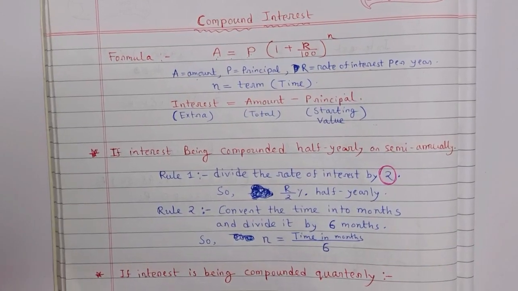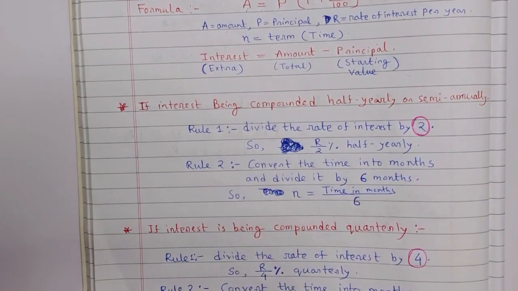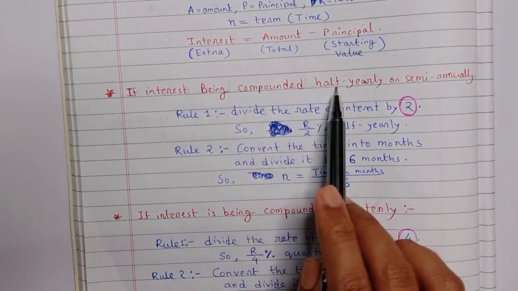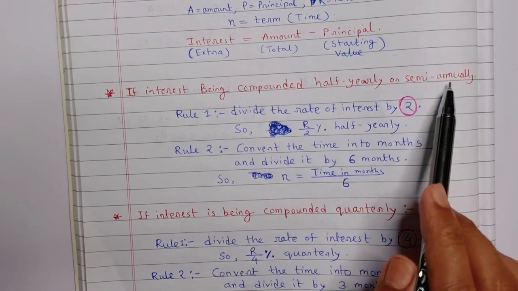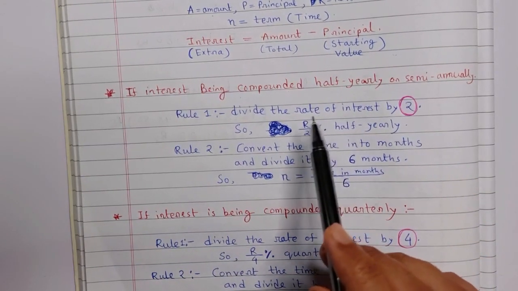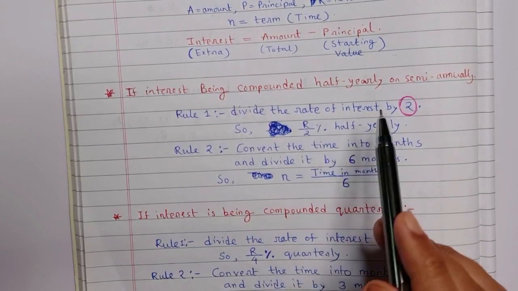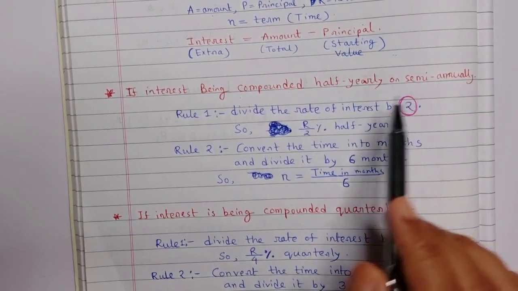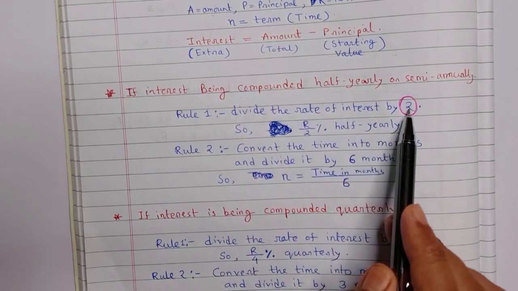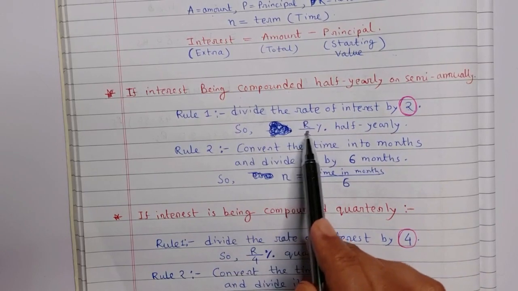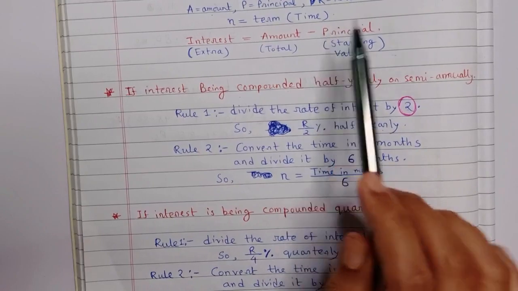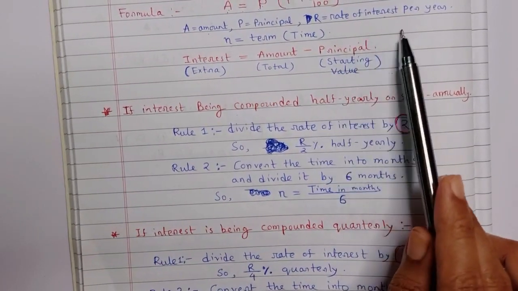Now here you need to remember two more things. If the interest is being compounded half yearly or semi-annually, that means instead of every year you are earning interest after every 6 months, then rule 1: divide the rate of interest by 2. So R by 2 percent is the half yearly rate of interest. Remember, in the question they will be giving you the rate of interest per year.